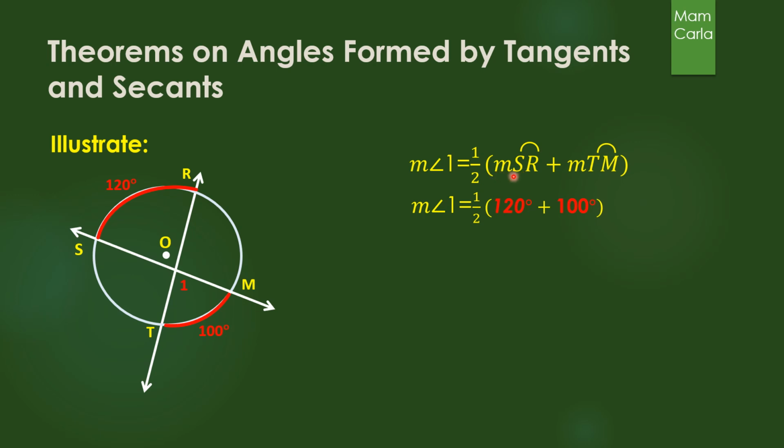Substituting the value of arc SR, which is 120, and arc PM, which is 100, we add this, we have 220, and then we divide it by 2 or multiply by 1/2. That's why the measure of angle 1 is 110.